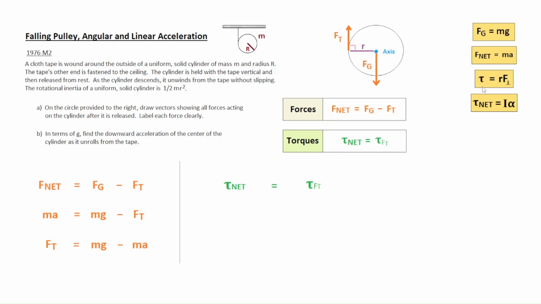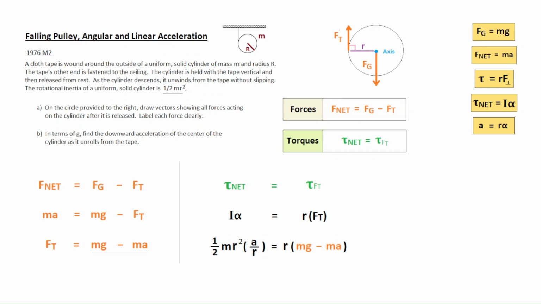A torque can be set equal to the distance from axis and the force and how perpendicular they are. As well, my net torque equation is I alpha, and so I'm first going to sub those in. On the right, a little more about this variable. R is in there. It is the tension force that provides the torque, and I don't have to worry about this perpendicular symbol because as shown in the picture, the tension force and the R variable are already perpendicular, and there's no trig necessary to find a perpendicular component.